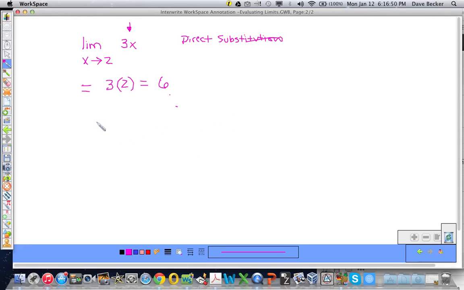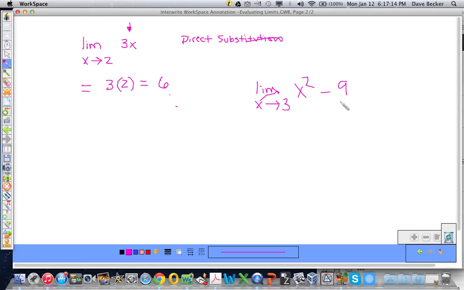Okay. Let's try one more. It's really about to run out of juice, so I'm going to have to go to the mouse, so hopefully it won't be too bad. The limit as x approaches 3 of x squared minus 9.